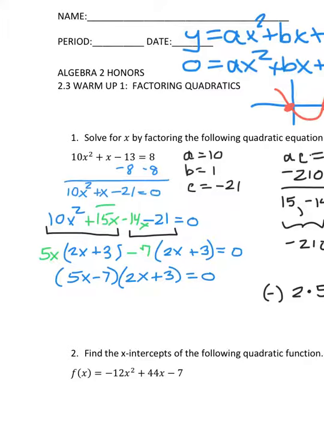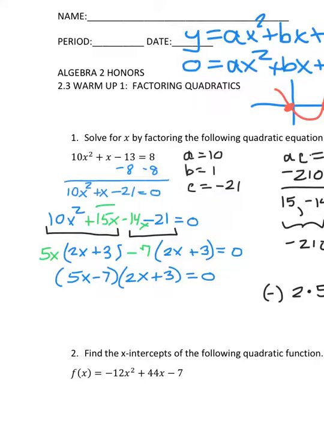Now hopefully you can see that if I distributed this back, I end up right back with 10x squared plus 15x. And if I distribute this negative 7 back, I end up exactly with negative 14x minus 21. And likewise, if I distribute all of these terms together, you're going to end up right back where we started from here. So we have equality maintained.